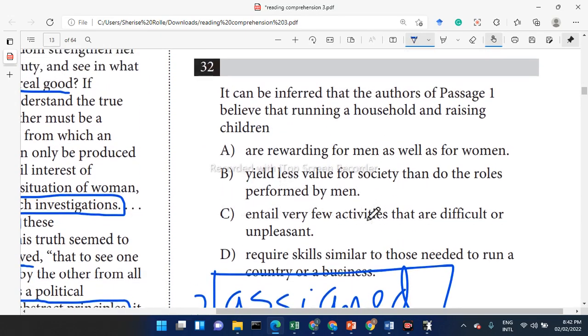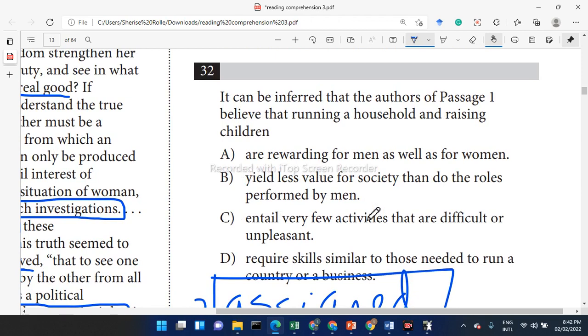All right, number 32. It can be inferred that the authors of passage 1 believe that running a household and raising children are: A, rewarding for men as well as for women; B, yield less value for society than do the roles performed by men; C, entail very few activities that are difficult or unpleasant; D, require skills similar to those needed to run a country or business.